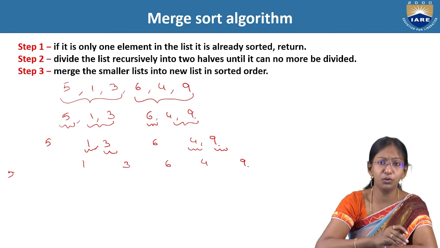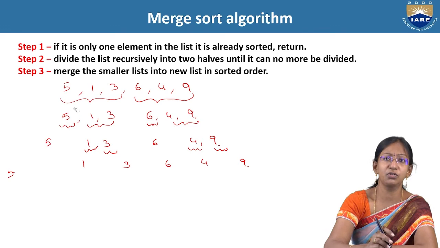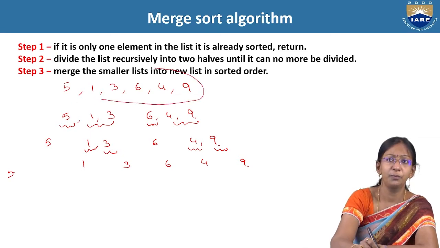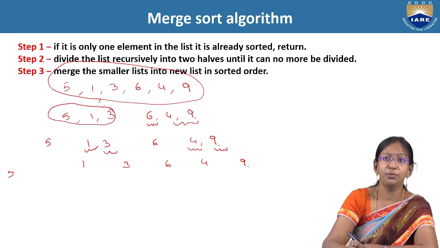If you construct a tree structure for this, taking the given list as the root node, you are going to get two children in the first breaking.